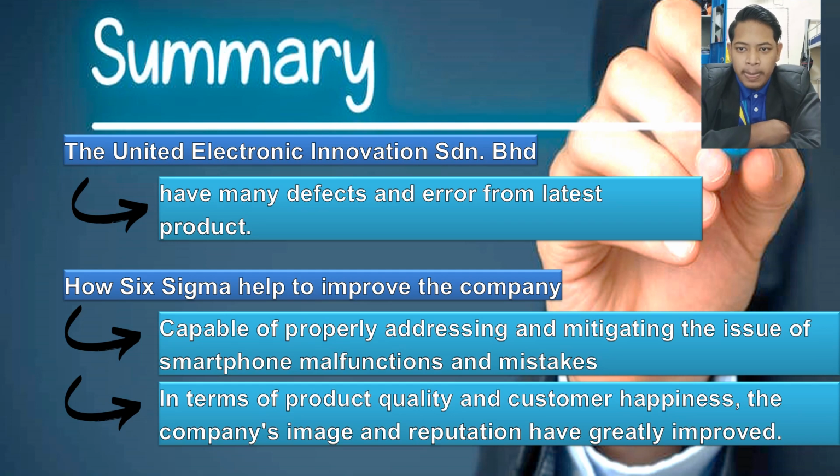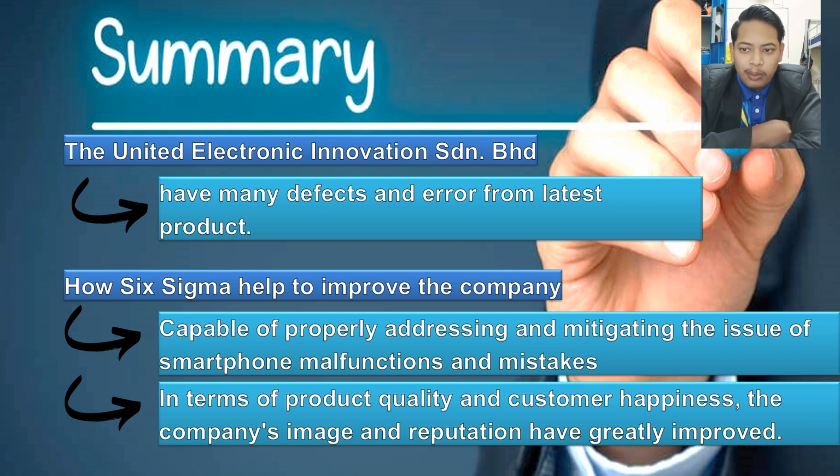As a summary, we found that United Electronic Innovations Berhad suffers many defects and errors from their latest product. These defects are reported by the consumers and make a significant loss for the company.